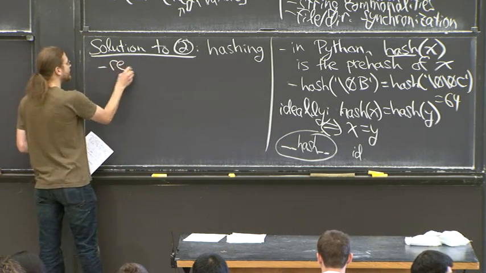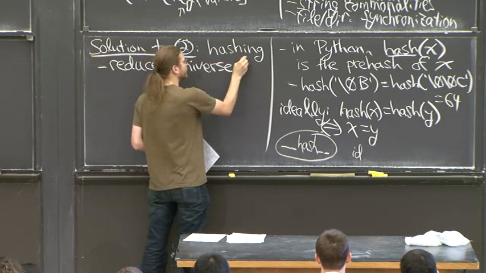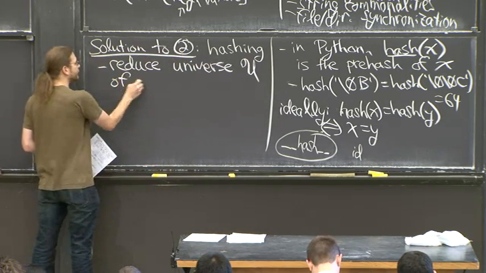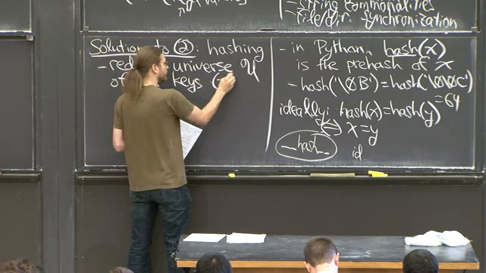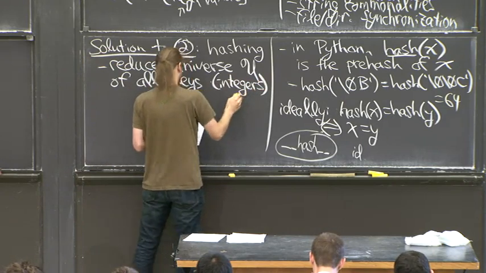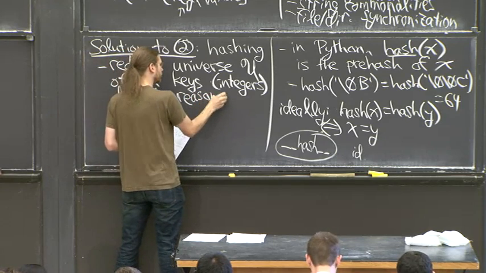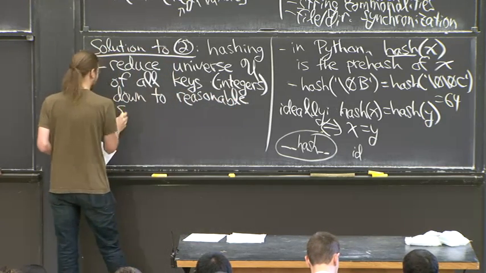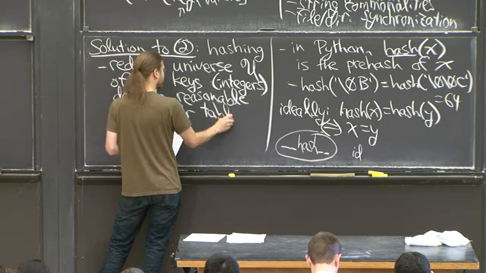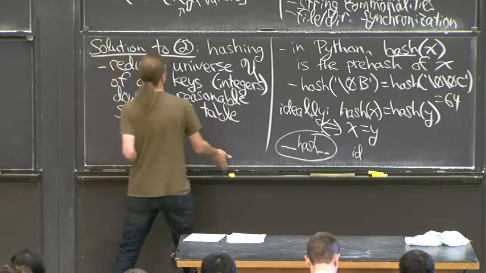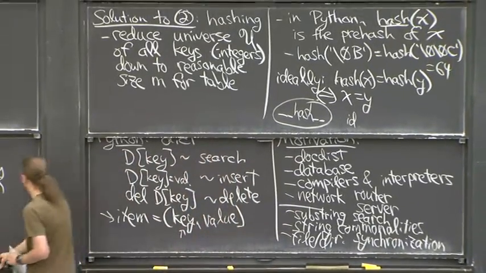All right, so the big idea is we take all possible keys, and we want to reduce them down to some small set of integers. Let me draw a picture of that.